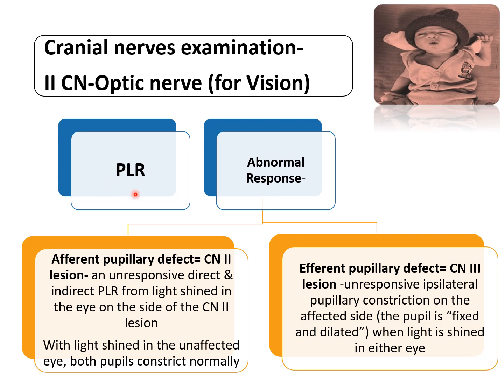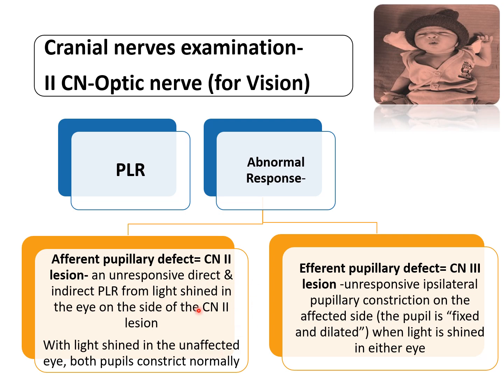So, an abnormal response to the pupillary light reflex can be seen whenever there is a lesion in either the afferent or efferent pathway. The afferent pathway of the pupillary light reflex is the second cranial nerve and the efferent is the third cranial nerve. An unresponsive direct and indirect pupillary light reflex from light shined in the eye on the side of the affected nerve indicates a second cranial nerve lesion.